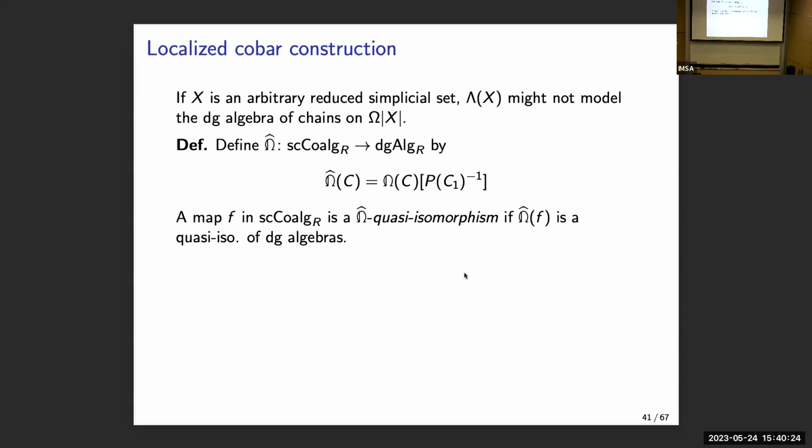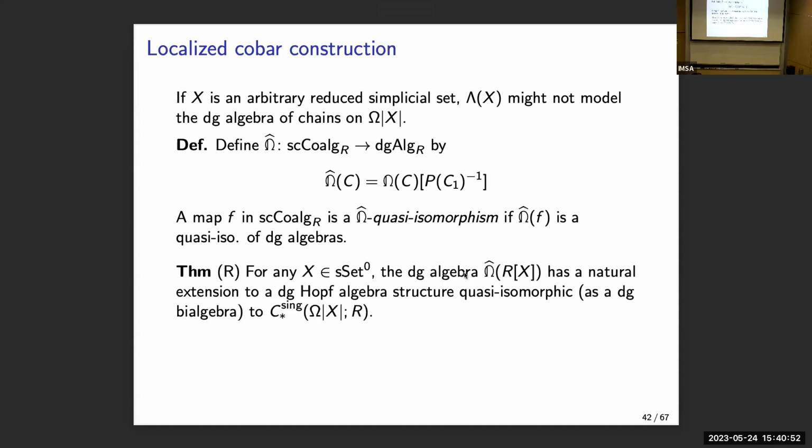And now you make another definition. A map of simplicial coalgebras is a cobar hat quasi-isomorphism if it becomes a quasi-isomorphism of DG algebras upon applying this new cobar hat construction. I'm doing this to remove this fibrant hypothesis that I had in my previous statement. And now what's the statement?